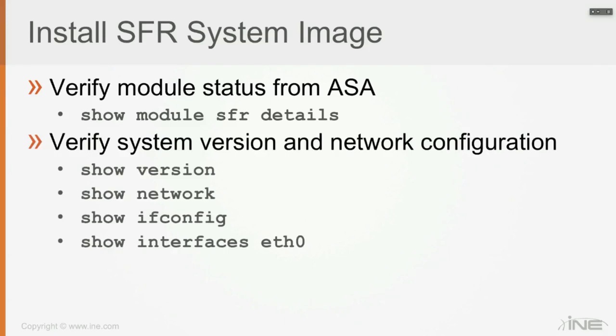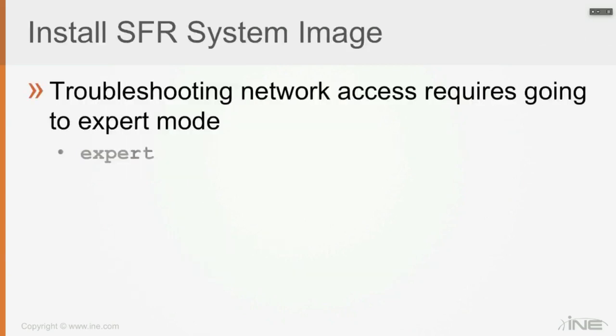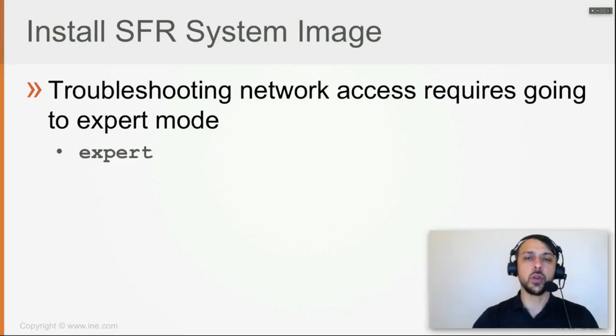We have gone through those commands. And if you want to troubleshoot some network access, so for example, let's assume that you configured the Firepower with an IP address, with DNS, with NTP, with everything in there, and it doesn't have access to the internet, or doesn't have access to the network.